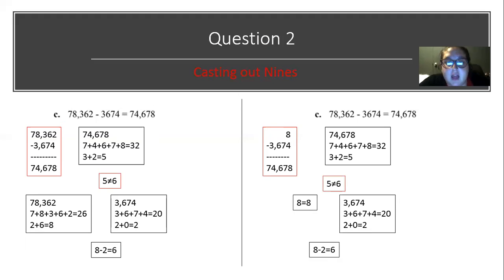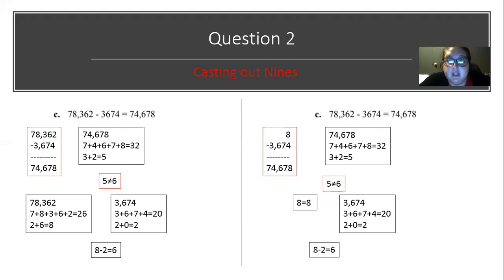And then we're going to look at that 3,674. There's nothing we can take out of that other than we could have done the 3 and the 6 because that equals 9. But we still would have ended up with the answer of 2 on either side that you look at, the left or the right side, with or without the 9. So we've got 8 minus 2, which is going to give us 6.